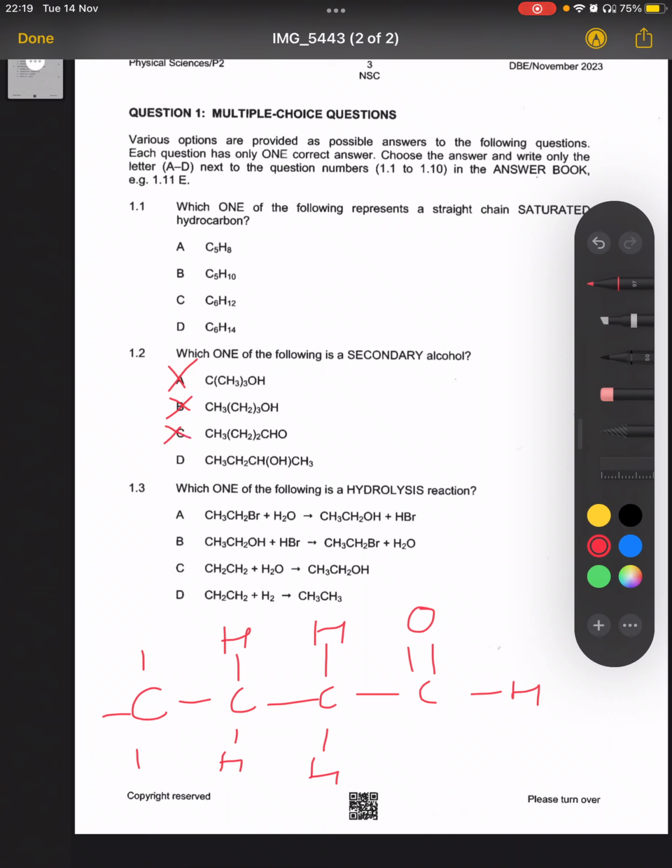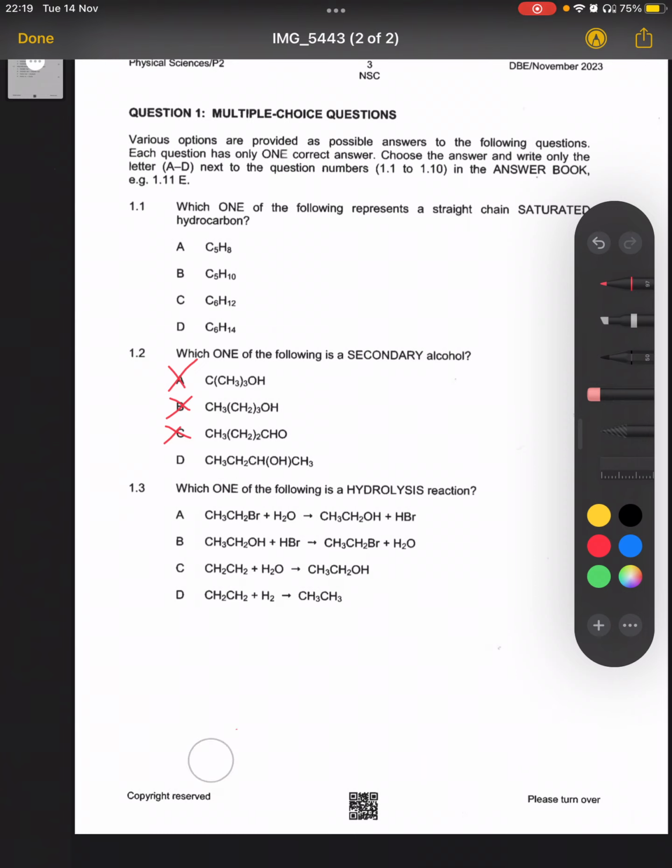If we have to draw the structure to show that it's D, let's quickly draw D. D would be made of a CH3, CH2, and then CH with OH, and a CH3.